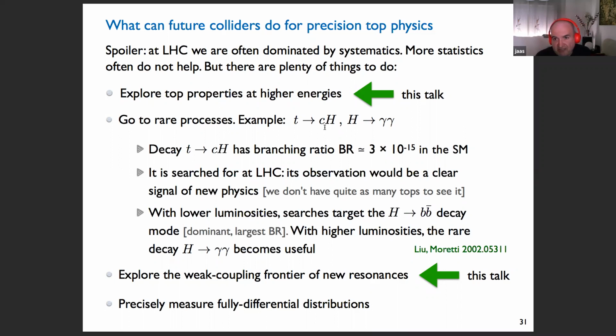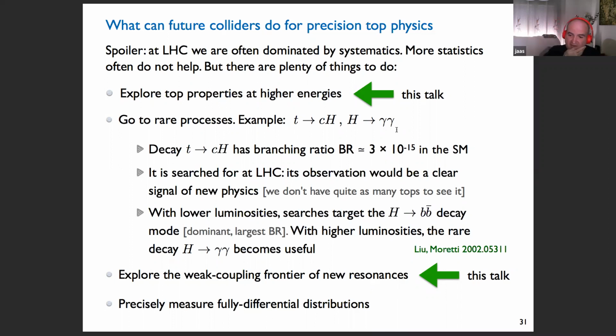And usual searches at the LHC target the dominant decay mode of the Higgs, Higgs to b b-bar. Well, if you have quite a lot of statistics, you can target this other channel, Higgs to photon-photon. You have fewer statistics in principle for the same value of the coupling, but systematics are smaller, and this channel may be interesting and maybe the dominant one.